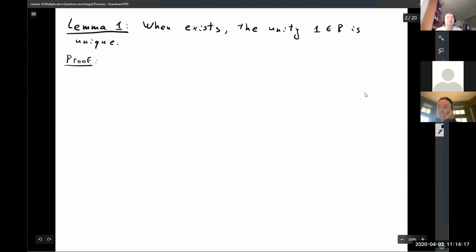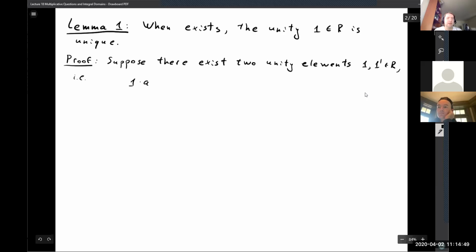So we will suppose that there exist two unity elements, 1 and let's say 1 prime in R. And because they're unity, this means that 1 times A equals A times 1 equals A for all A in R, condition star, and 1 prime times A equals A times 1 prime equals A for all A in R, condition double star.